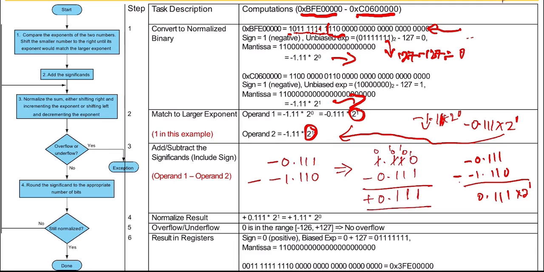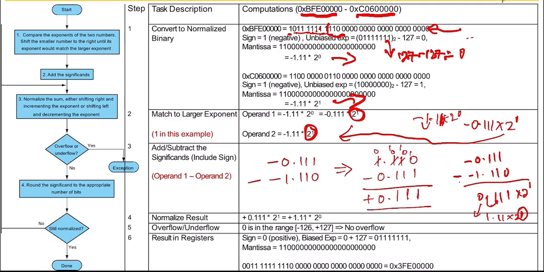Now that you have this answer, it's still times 2 to the power 1. But before you go, you need to normalize this answer. When you normalize it, you're going to move this floating point here. So you're going to get 1.11 times 2 to the power 0. Now you need to check whether it's an overflow or not. To check whether there's an overflow, you check the exponent.